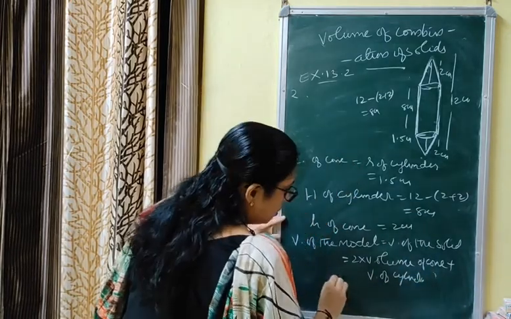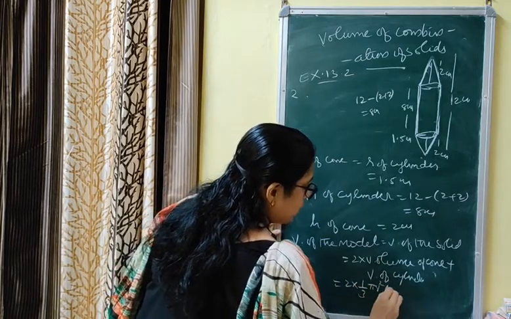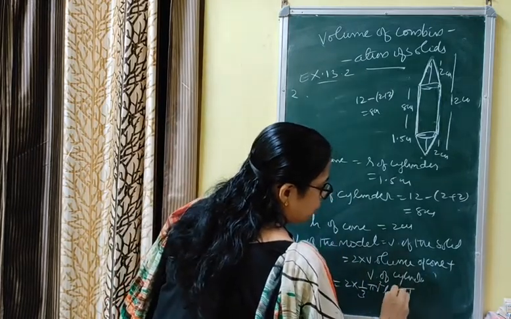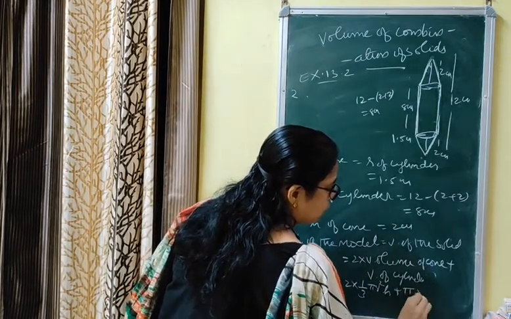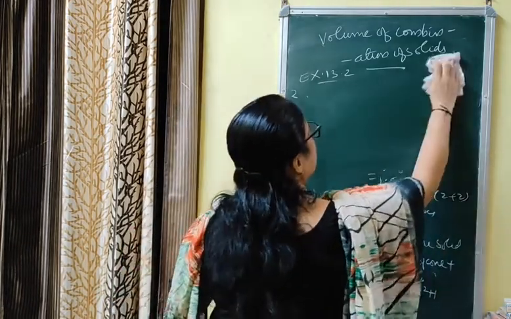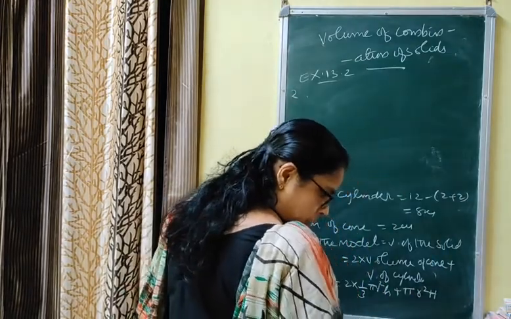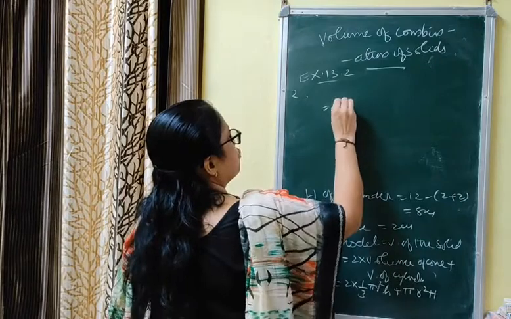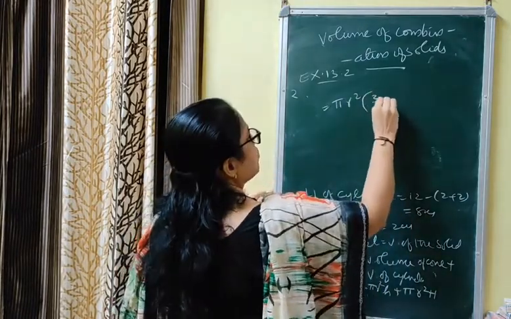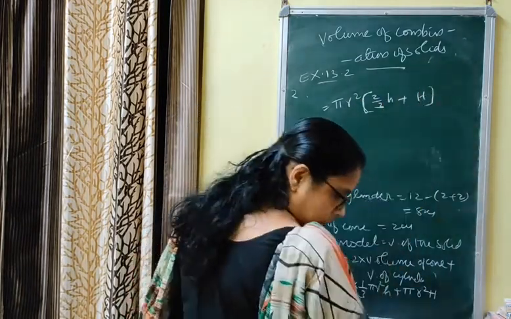Volume of cone means 1 by 3 pi r square h, because we have assumed small h is its height, and the volume of cylinder is pi r square, both radius are same, and height is capital H. From this which you can take common, इसमें से कौन सा आप common ले सकते हैं? Just see, you can take pi r square common. If you take pi r square common, you will get 2 by 3 h plus capital H.